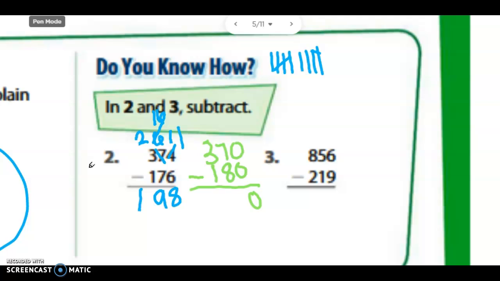There's more on the floor, so I need to go next door, borrow 1, and add 10 more. The difference is 9. 2 minus 1 is 1. Is 190 close to 198? Yes.